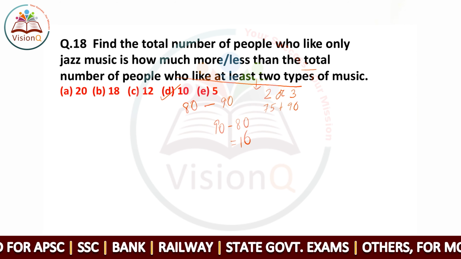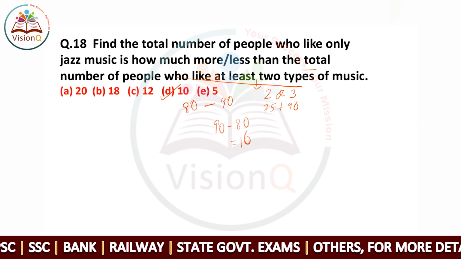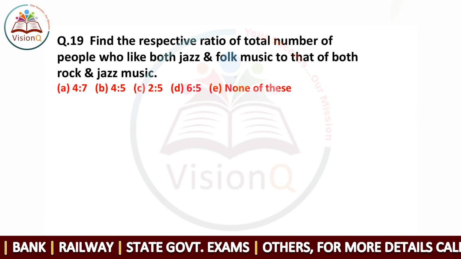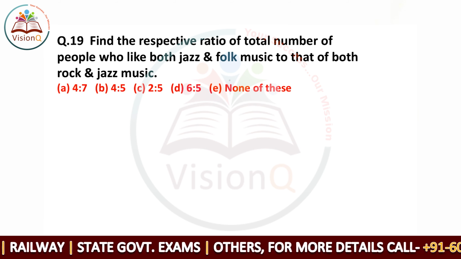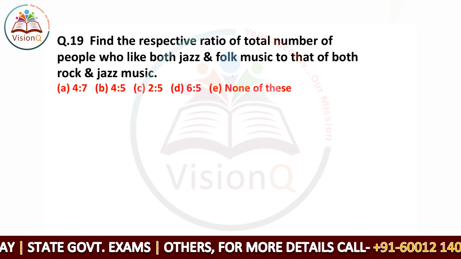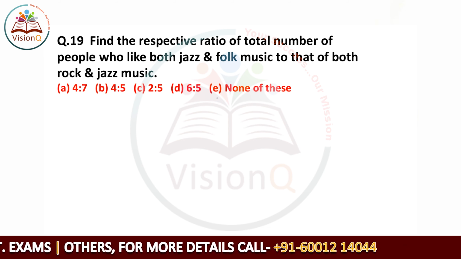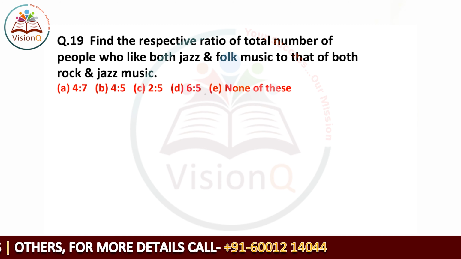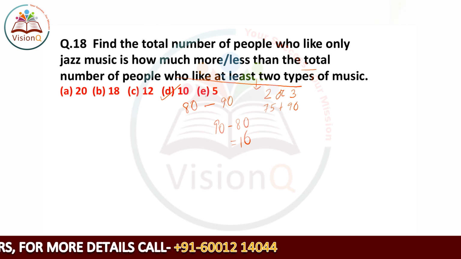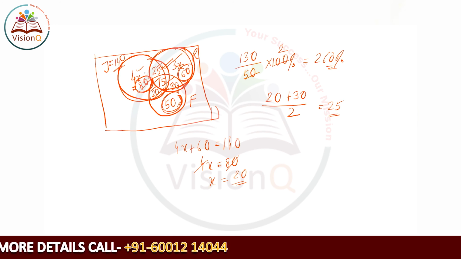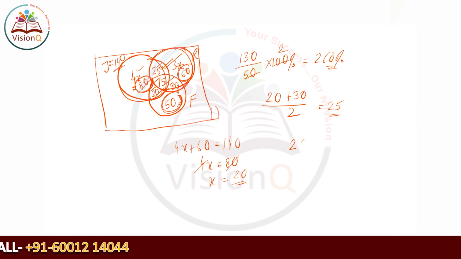So let us see the last question of today's series, question number 19. Respective ratio of total number of people who like both jazz and folk music to that of both rock and jazz music. So how many people like both jazz and folk music? It was 20.